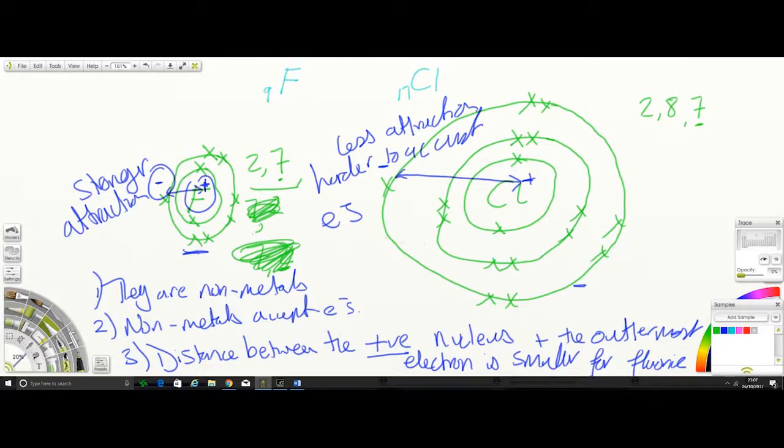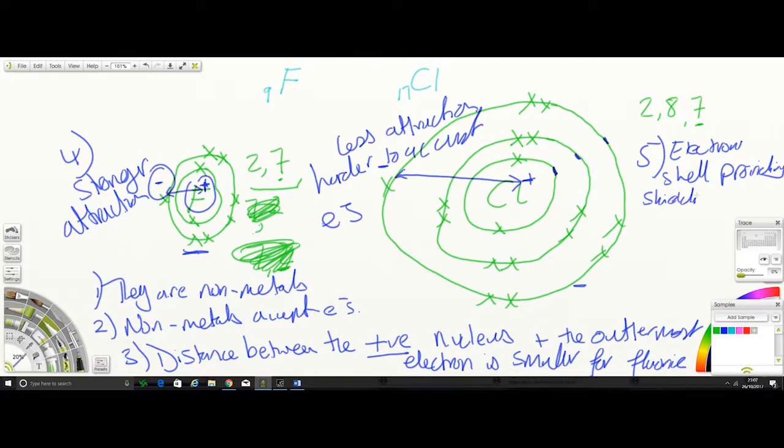Next, the next reason that you need to be aware of, so that's kind of like point 3, I explained a bit more, so we can say this is point 4 because really that is point 4. Number 5, the 5th point, is the number of electron shells. So if you look at chlorine, it's got 1, 2, 3 electron shells. So the electron shells provide shielding.